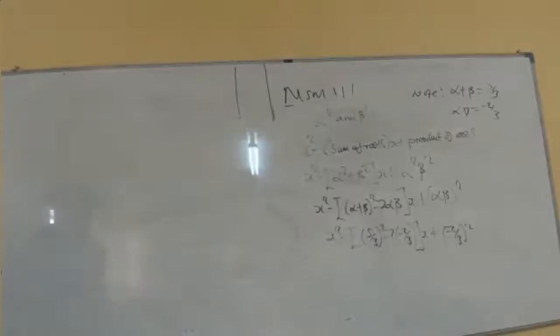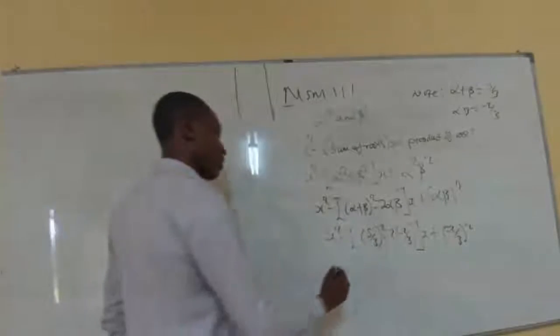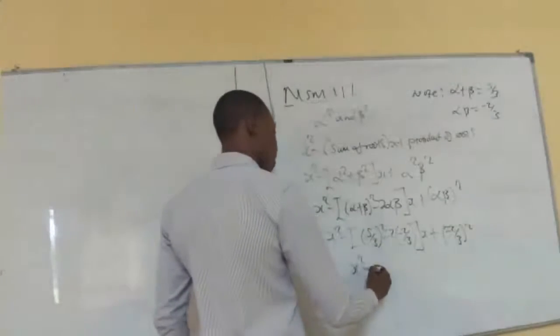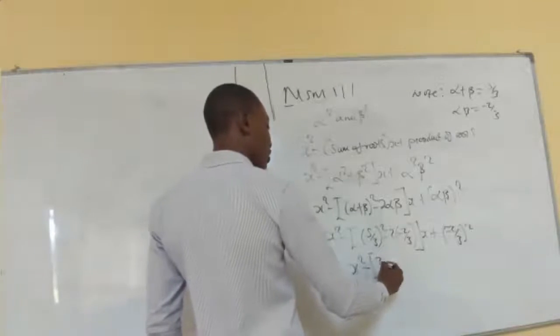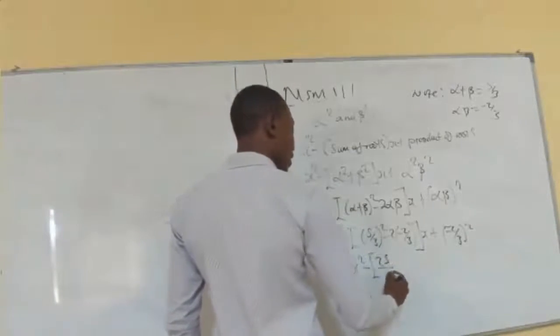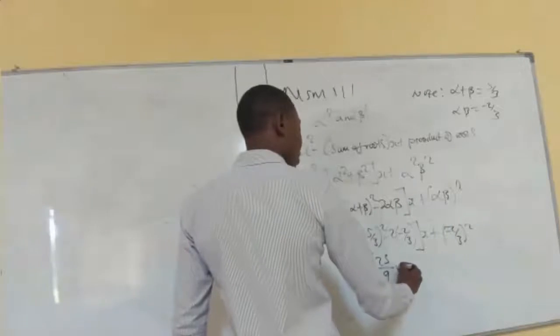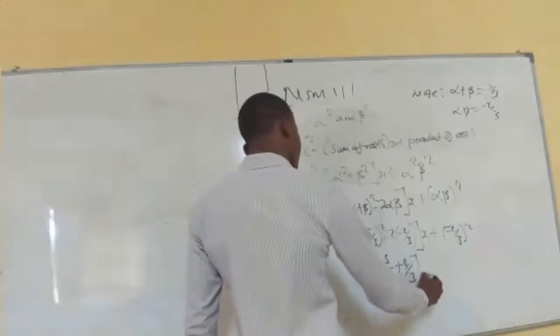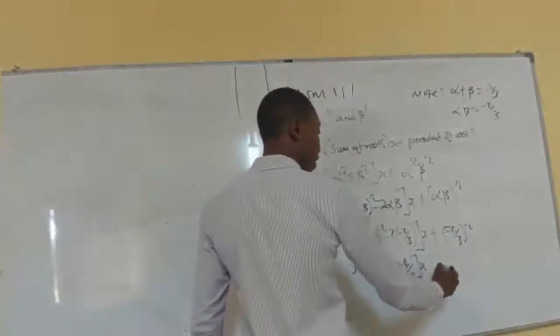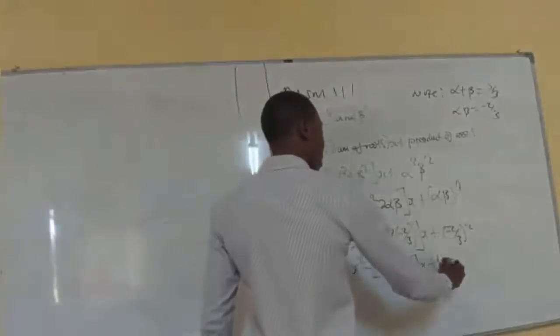Okay, so from here we have x squared minus 25 over 9 plus 4 over 3 x, then plus 4 over 9.